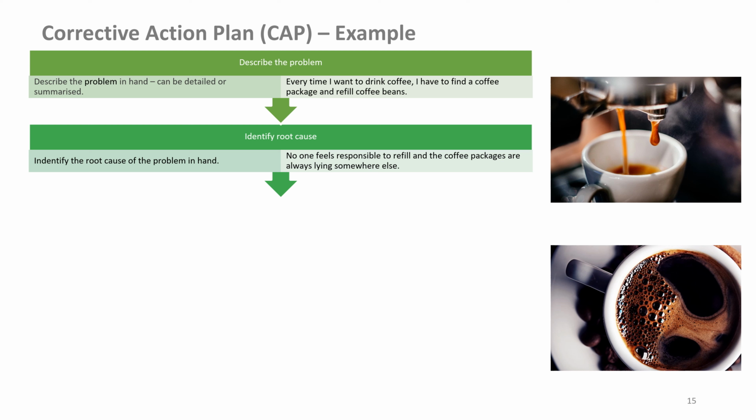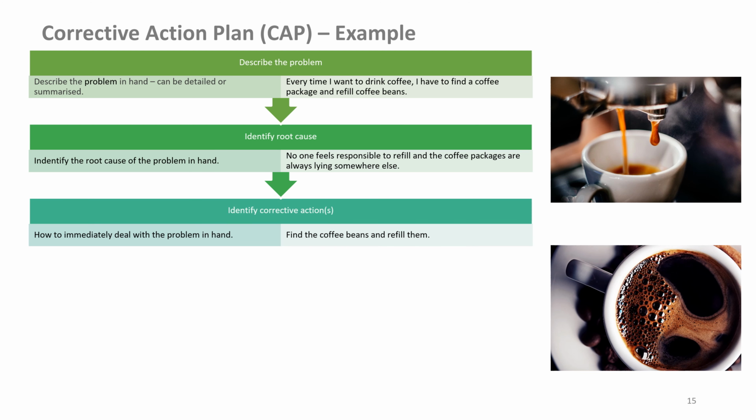No one feels responsible to refill, and the coffee packages are always lying somewhere else. Identify corrective actions. How to immediately deal with the problem in hand. Find the coffee beans and refill them.